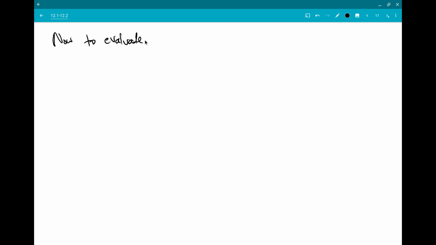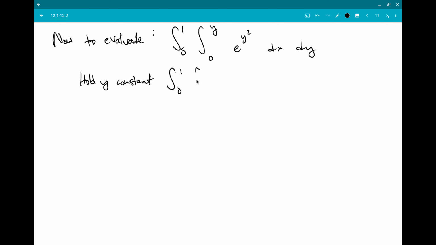And let's get some more practice evaluating integrals. So I've got y went from 0 to 1, x went from 0 to y, e to the y squared dx dy. So I ignore y to start. And this integral, e to the y squared, is really easy. y may as well be a constant number, so it can come out front like that.